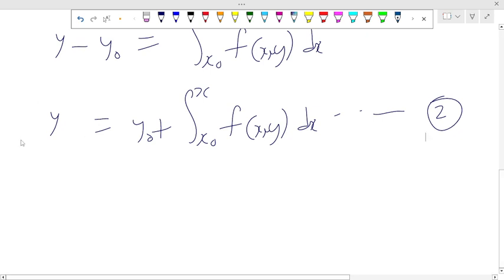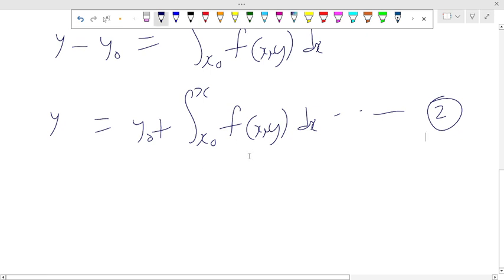This is for y, and I said we did not integrate this part because we have a y term here. If we substitute y0 for y in this part, we are going to get the first approximation.